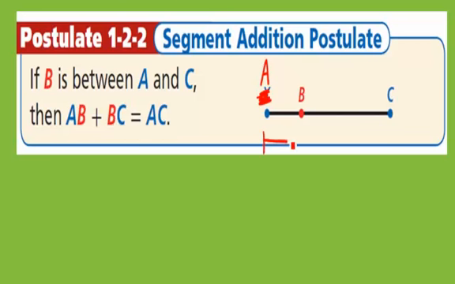So the length from A to B plus the length from B to C equals the total length from A to C. So again, it's a postulate. It's almost common sense if you think about it, but it needs to be stated so that we can utilize it in a few different ways. So that's the segment addition postulate.